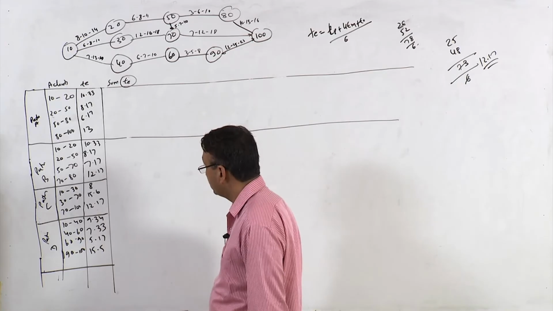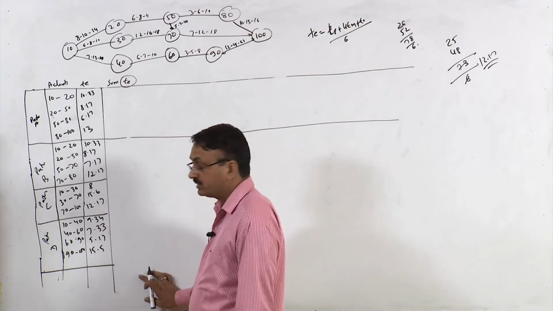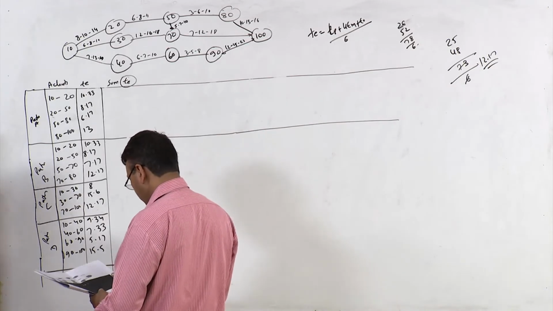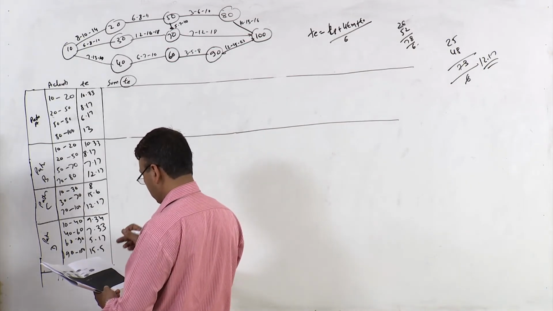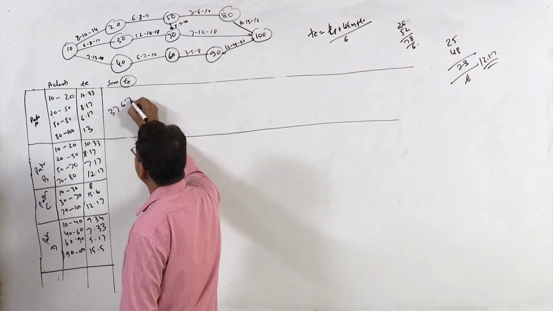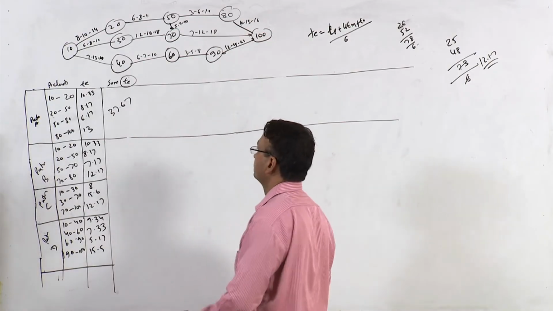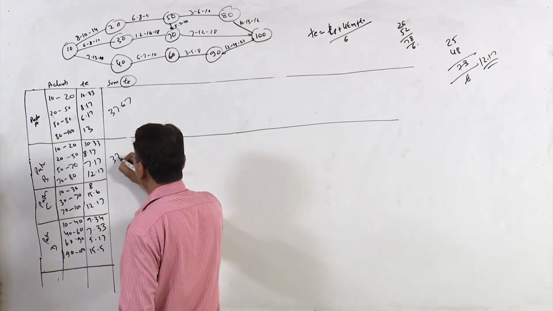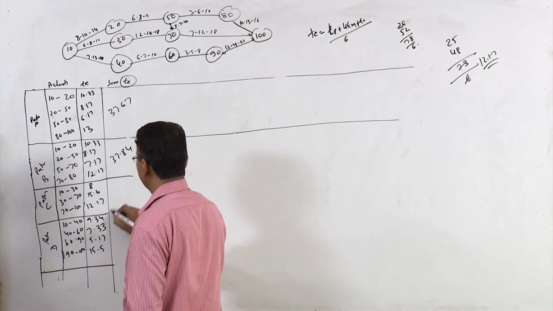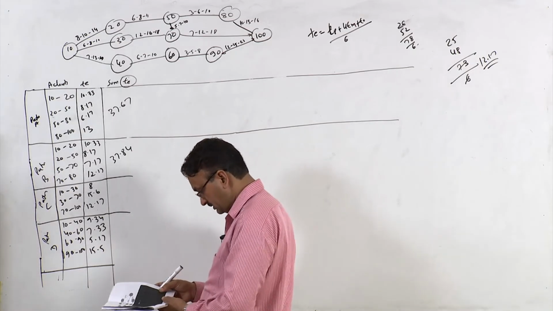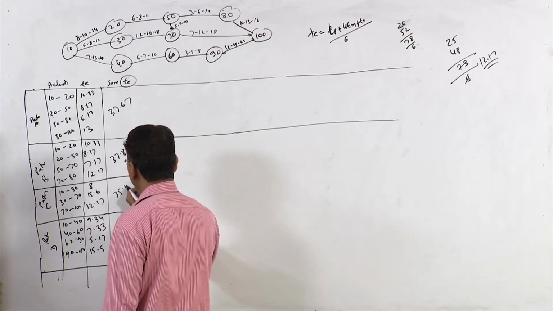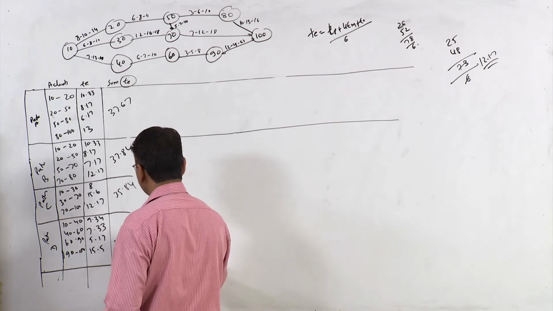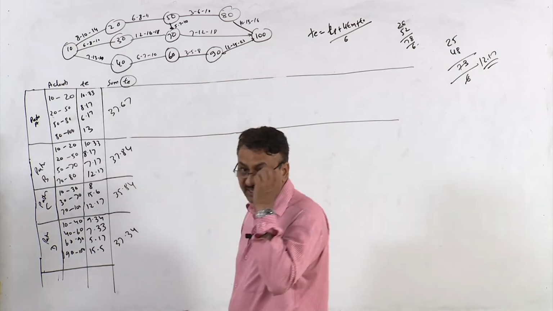When you take the sum of all these paths, the sum for path A is 37.67. Similarly for path B it is 37.84, for path C it is 35.84, and for path D it is 37.34.